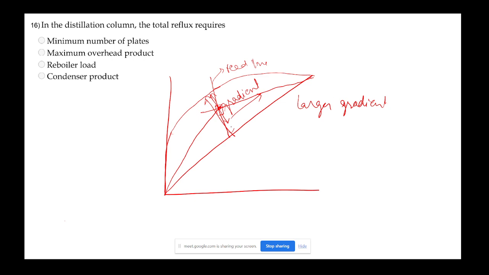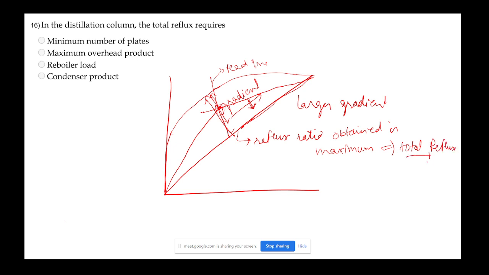So the maximum gradient occurs when you shift this line towards the diagonal line, and if the operating line coincides with this diagonal line, then the reflux ratio obtained is maximum, and that is termed as total reflux.